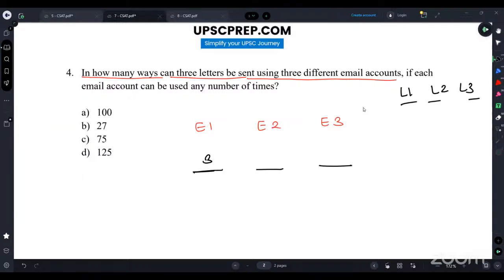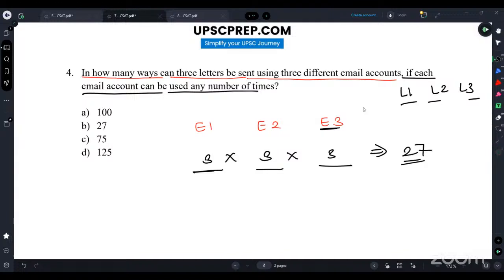You can send maximum 3 letters, right? For the second account, you can again send maximum 3 letters, because if each email account can be used any number of times, there is no limitation. And the third email account can again be used 3 times. So you will have to multiply all these possibilities. So in this case, your correct answer should be 27, right?